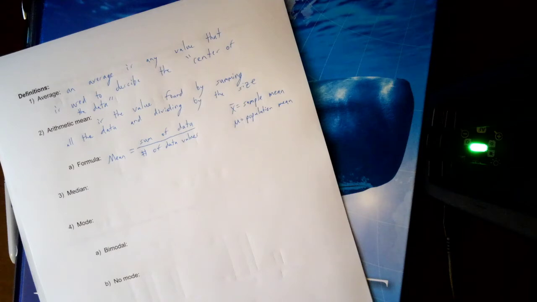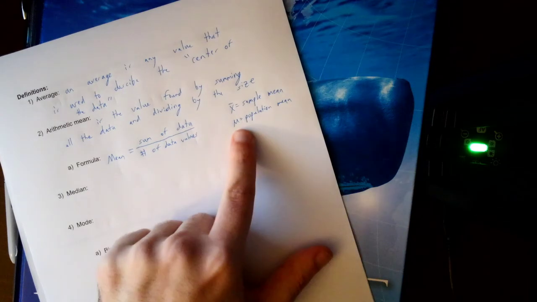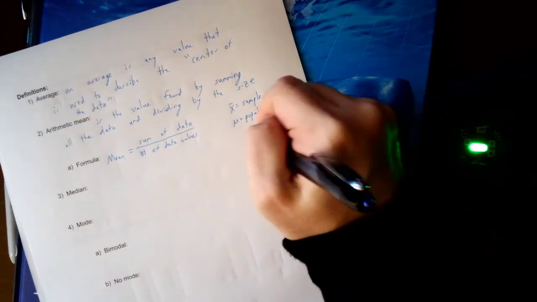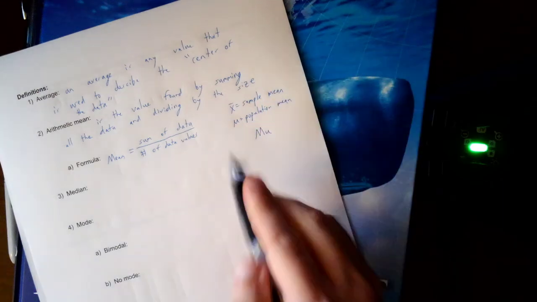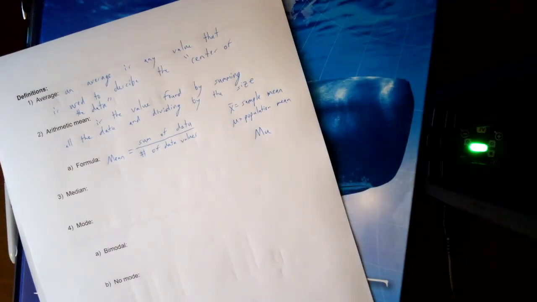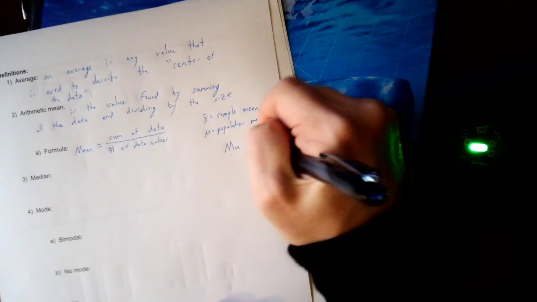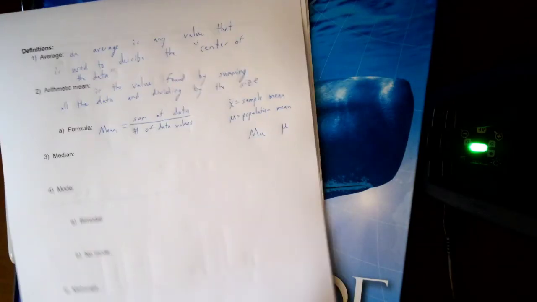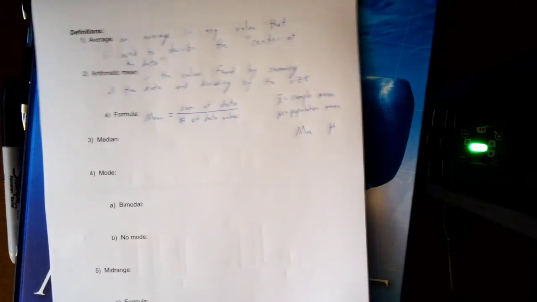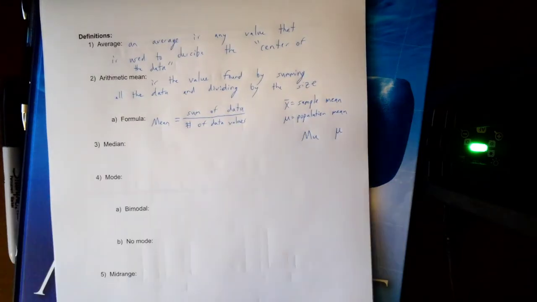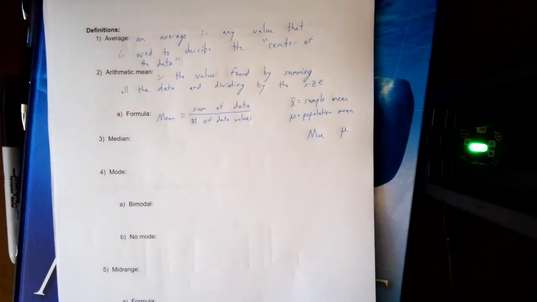We use an x with a line over it for sample, and we use this weird looking u. It's called mu. It's a Greek letter. It looks kind of like a U, but it's called mu. The way I draw it, I go up, and then I draw a U. You can also sometimes just write the word mean. Just these symbols pop up.